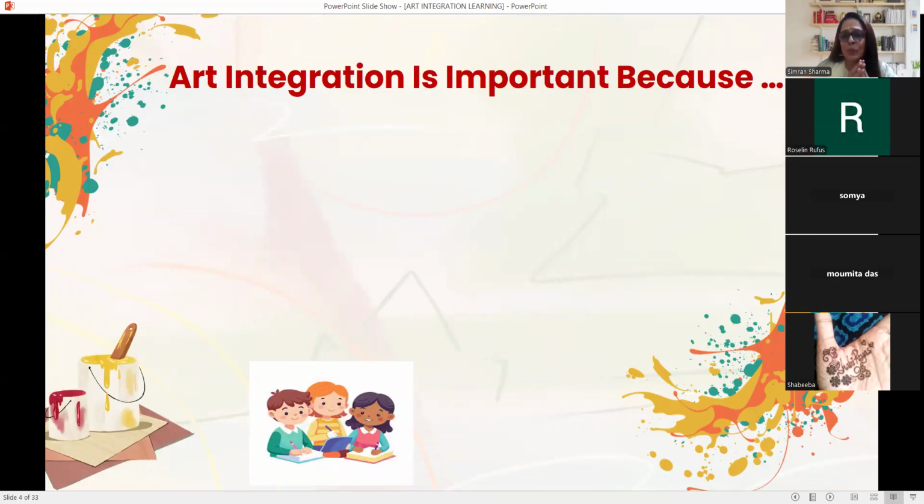Because CBSE wants students to be aware and ready for real life situations, to solve real life problems, to create opportunities, to support each other. So how are they going to acquire all those skills? With the help of art integration. It is helpful in attaining CBSE's vision.